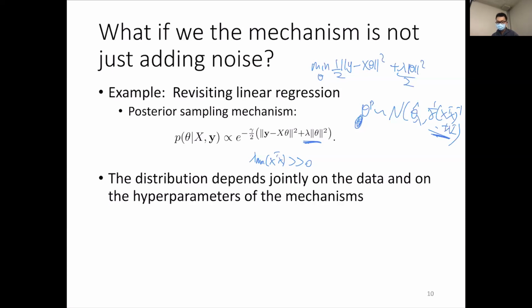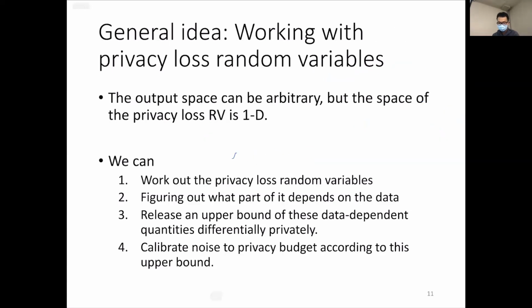And this mechanism has two hyperparameters, lambda and gamma. And if we can somehow obtain data dependent quantities, then we might be able to bypass the need to use local sensitivity and analyze this mechanism directly. Okay, so that's the idea.